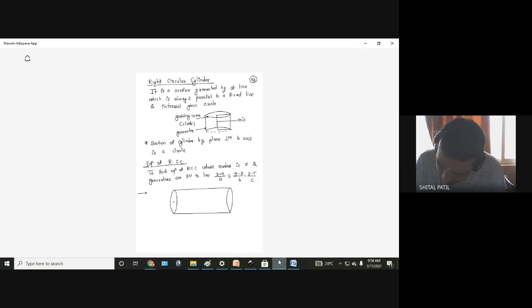This is the axis of the cylinder. Now, (x minus alpha) divided by a equals (y minus beta) divided by b equals (z minus gamma) divided by c. This is the equation of what? The line given in the example, is it the equation of the generator or something else? Tell me fast, whose equation is it?